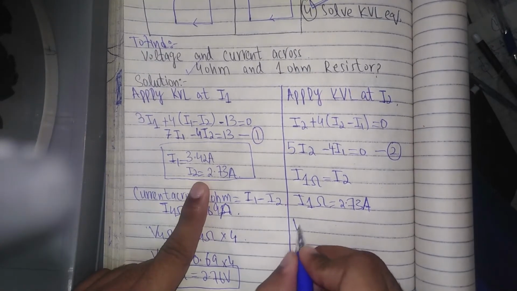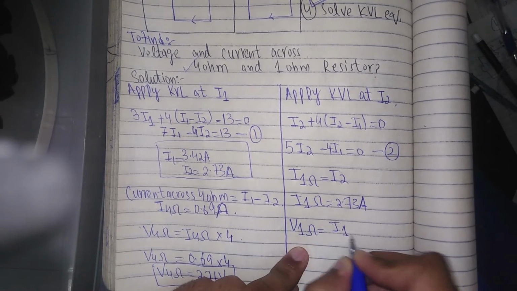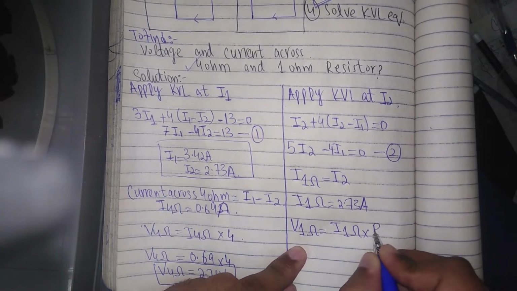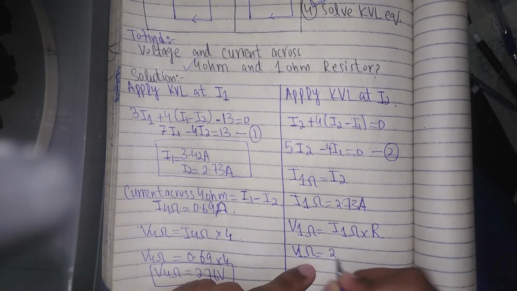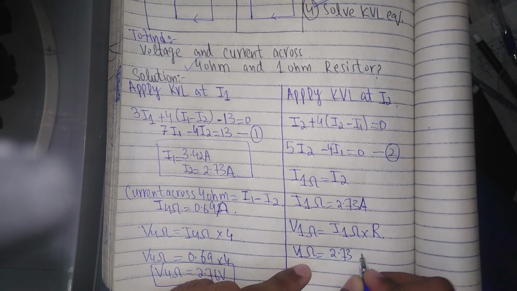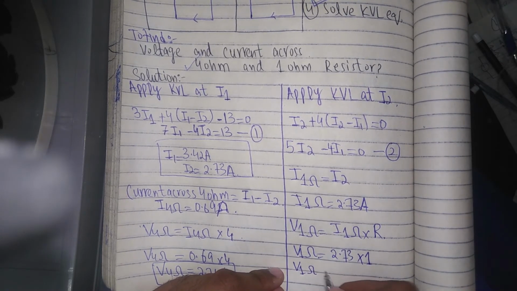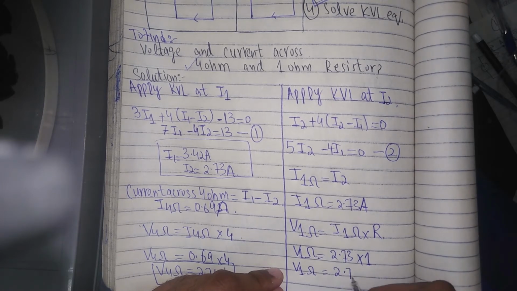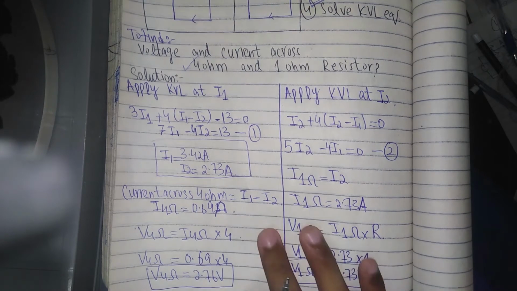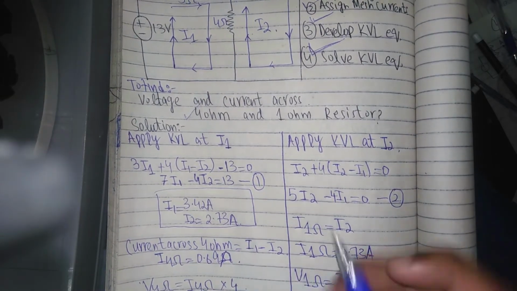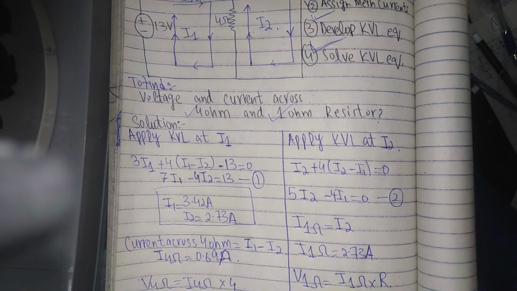And the voltage across 1 ohm is V equals I into R, I across 1 ohm into resistance. So the voltage across 1 ohm is 2.73 into 1, and it becomes 2.73 volts. Now students, our example is solved. We also found voltage and current across the 1 ohm resistor.